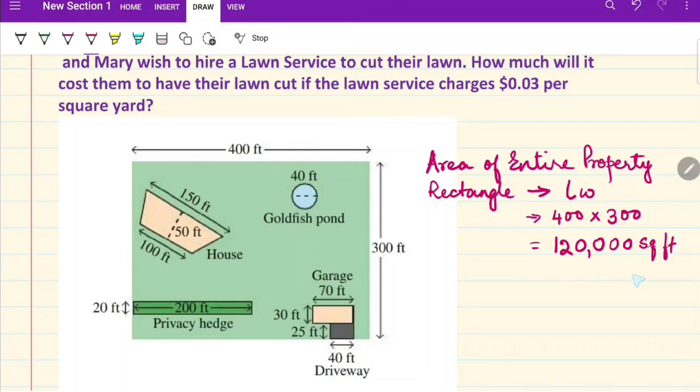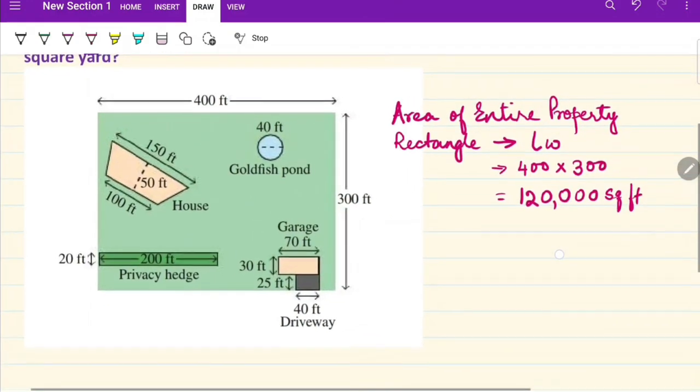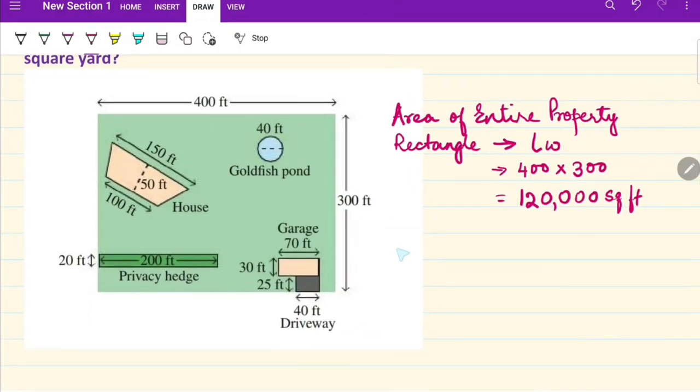Now, from that area, we have to subtract the area of the house. So let's find the area of the house, which is a trapezoidal shaped figure, right? So area of house would be the area of a trapezoid.